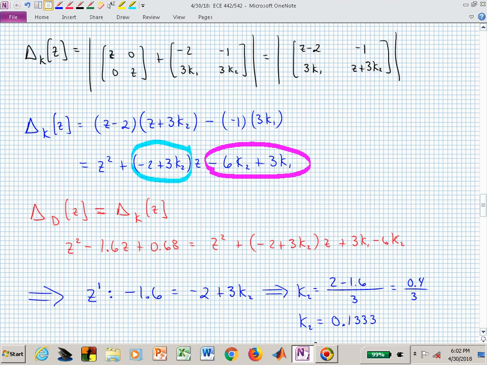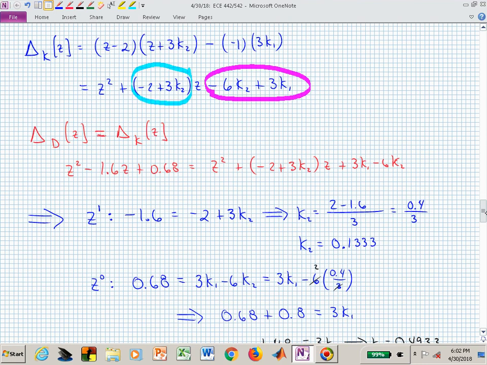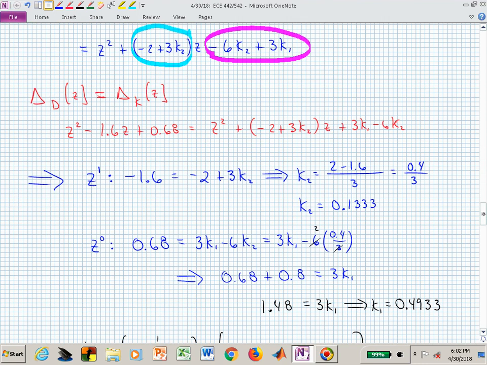Once we have k sub 2, we can use that when we're trying to solve for k sub 1, and we can find an equation that contains k sub 1 when we compare the constant coefficients.